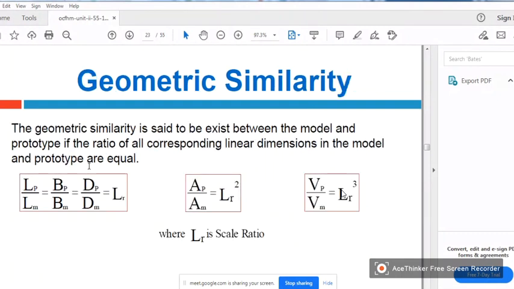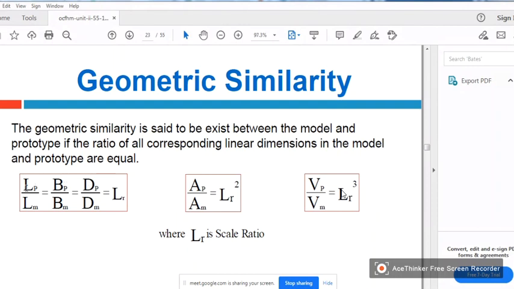Look at this: length of the prototype divided by length of the model is equal to breadth of the prototype by breadth of the model, and depth of the prototype by depth of the model is equal to LR. LR is the scale ratio. Only then do we call it geometric similarity.